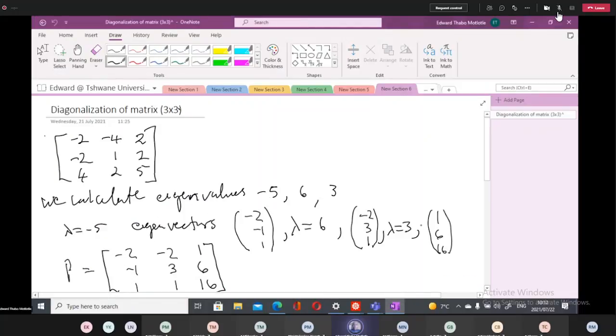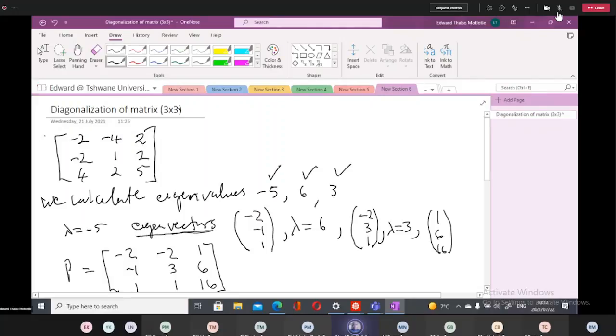The first thing you must do: we have already determined the eigenvalues. We determined them to be minus 5, 6, and 3. And now what do we do? We must determine the eigenvectors of this matrix.